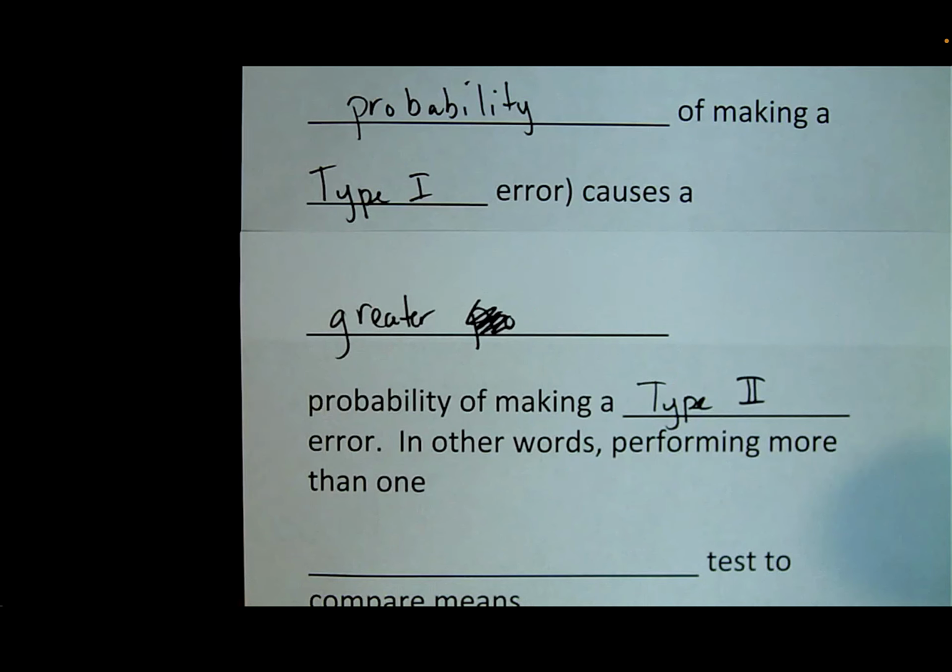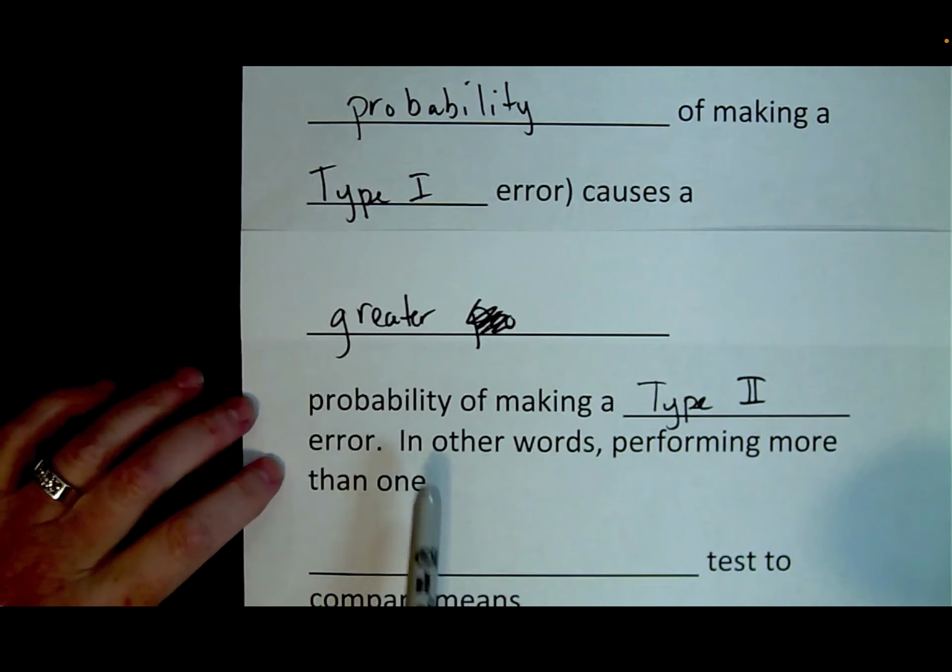The type 2 error was letting a guilty person go free. And in our justice system, we consider that type 1 error to be of much more concern, and typically you set up the type 1 error to be the one that's of the greatest concern, so you want to minimize that. But if you set it up so that you have a really, really small possibility of jailing an innocent person, that's going to increase the probability of letting a guilty person go free. That's what we're talking about here.